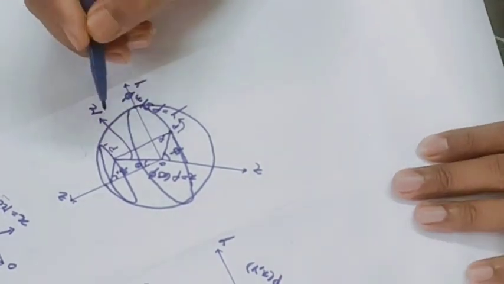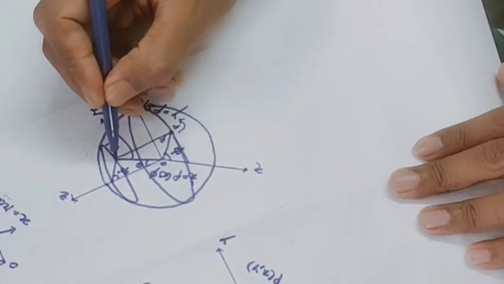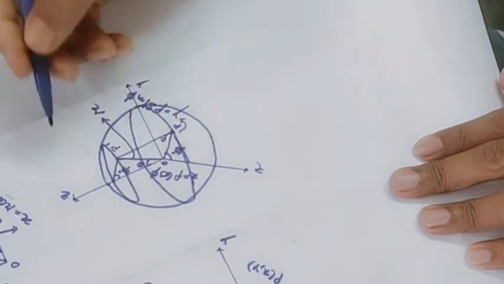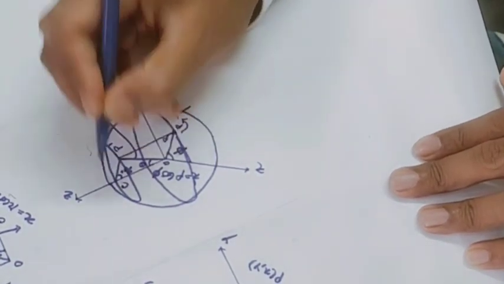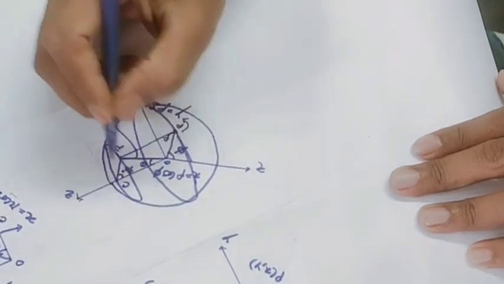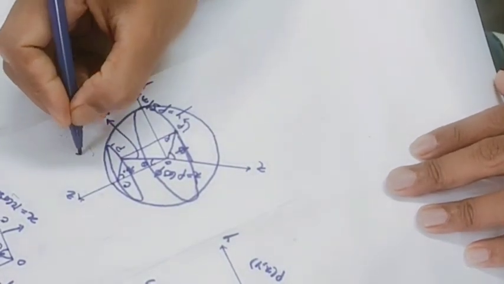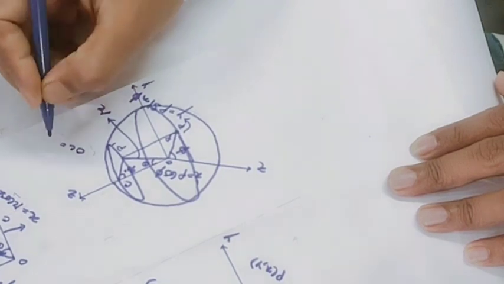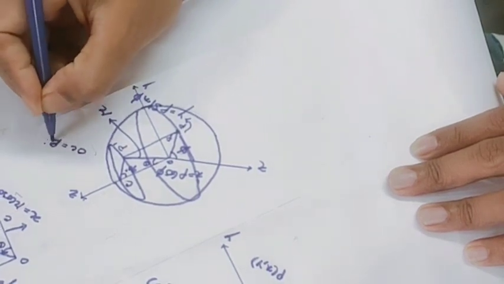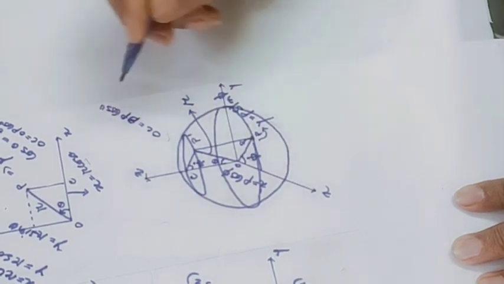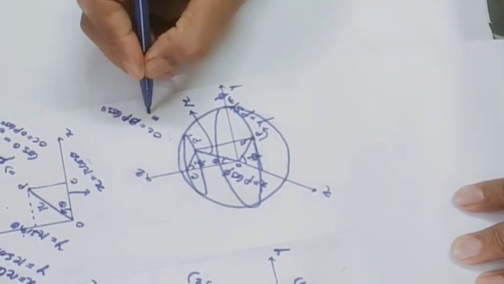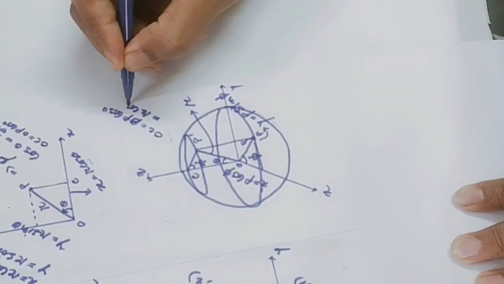Okay, this side I will consider as the arc. Now this again is perpendicular, so you consider cos theta. This is OP, this is C. So automatically OC is equal to OP cos theta. OP is equal to R, so I can write R cos theta.